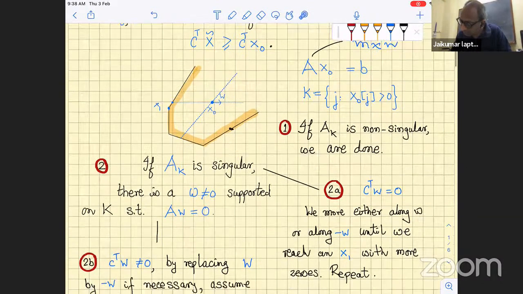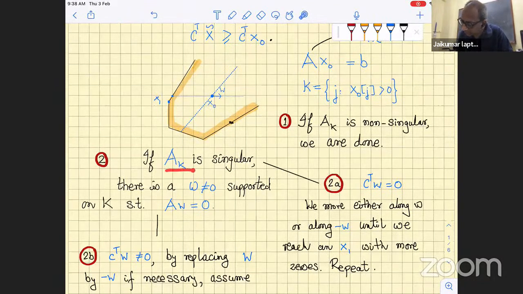Now, suppose it turns out that this matrix is singular. That is, the columns corresponding to these positive values actually have a dependency.